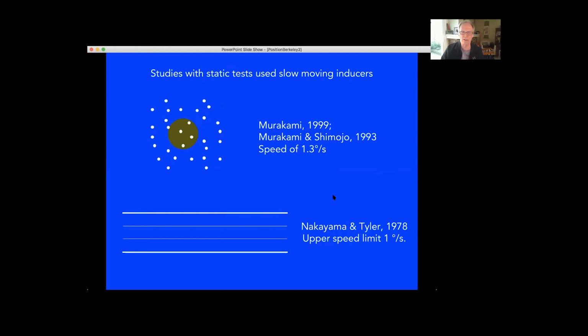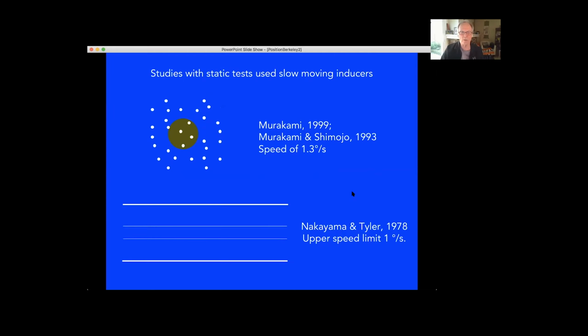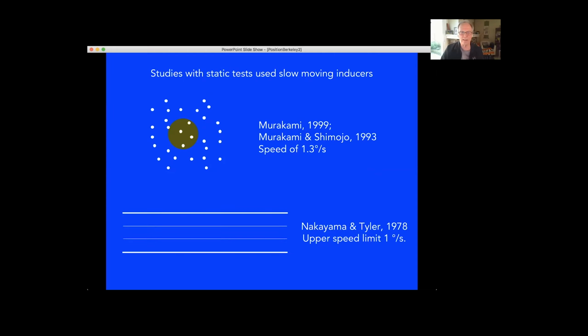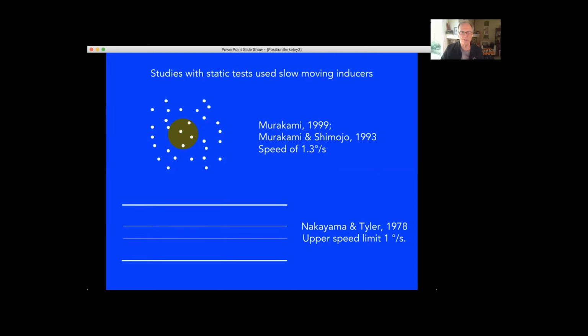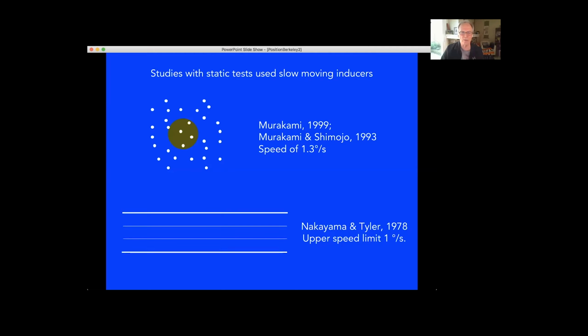So relatively slow. Nakayama and Tyler, both here as well, did a different one where the outer bars move up and down or in and out, and the two static inner ones appear to breathe the opposite way, compress and expand. And this may not capture their effect, but there again, the speed limit was very small.